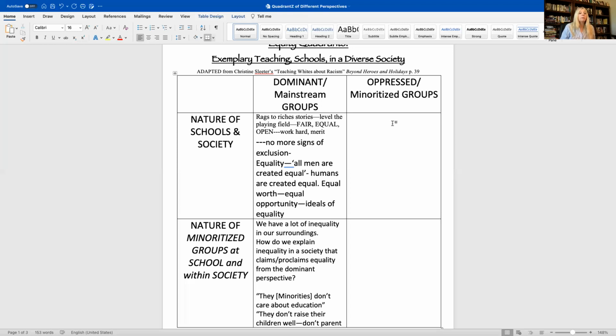Maybe you don't know, but I can tell you that a lot of times, not always, but generally speaking, the general perspective from the minoritized perspective is that schools and society are unequal. They are unfair. They are not open.